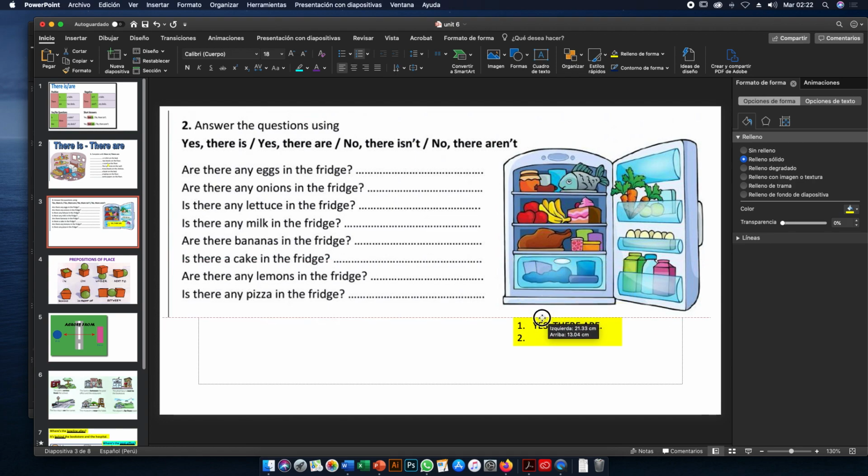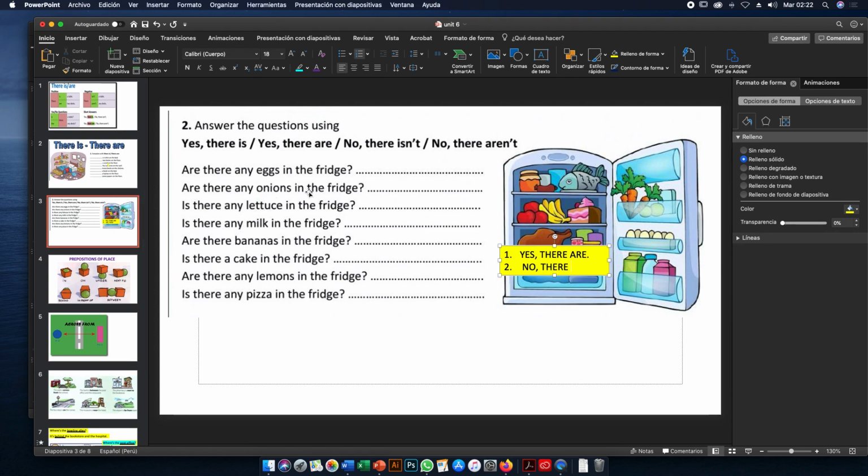Onions, cebollas. No, I cannot see onions. So I say no, there are not. Singular or plural? Plural. Or to make it smaller, we say no, there aren't.